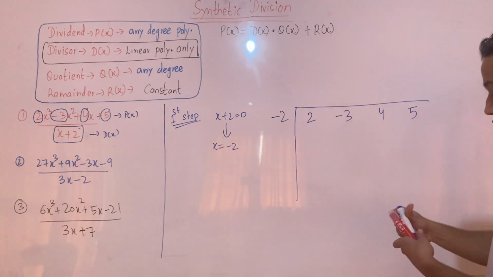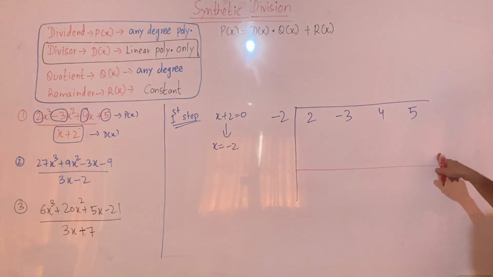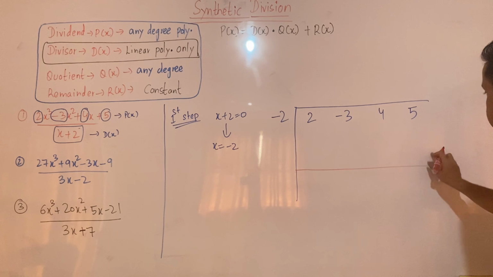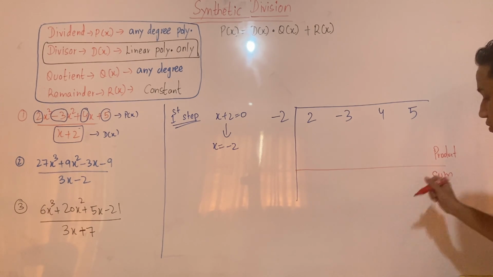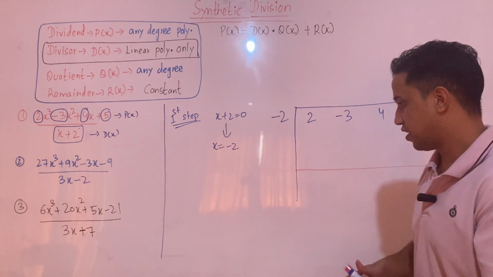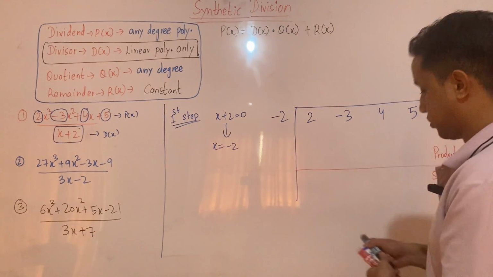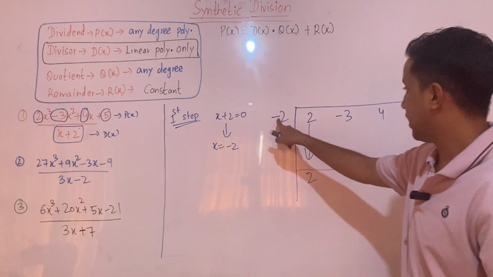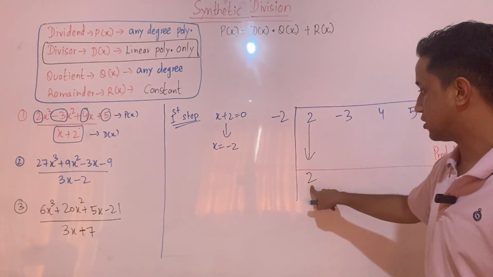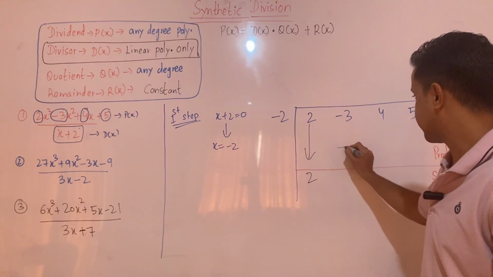Here I will write product, and here sum. So the first step would be to just bring this 2 down. Then minus 2 multiplied by 2 is negative 4.